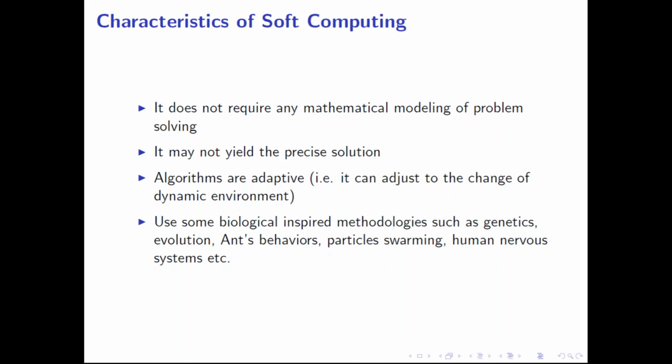The solutions provided by soft computing may not be precise. The solution provided by hard computing will be very precise and accurate, but here you don't need a precise solution, you need a solution which is quite okay. That's it.